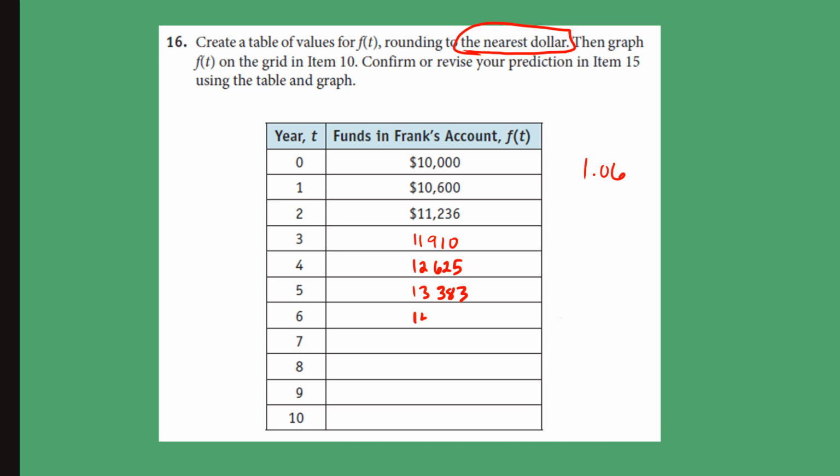Then I get 14,186. And then I get 15,037.